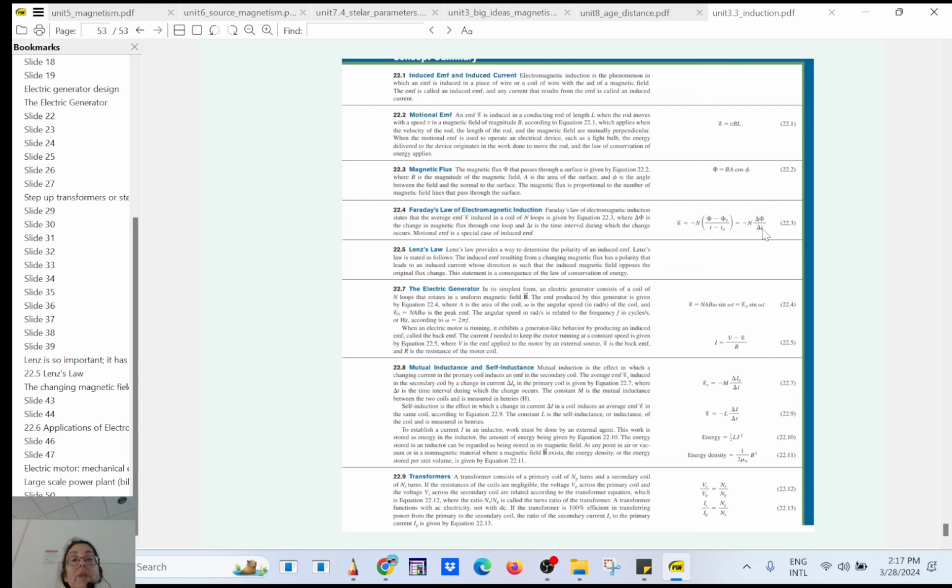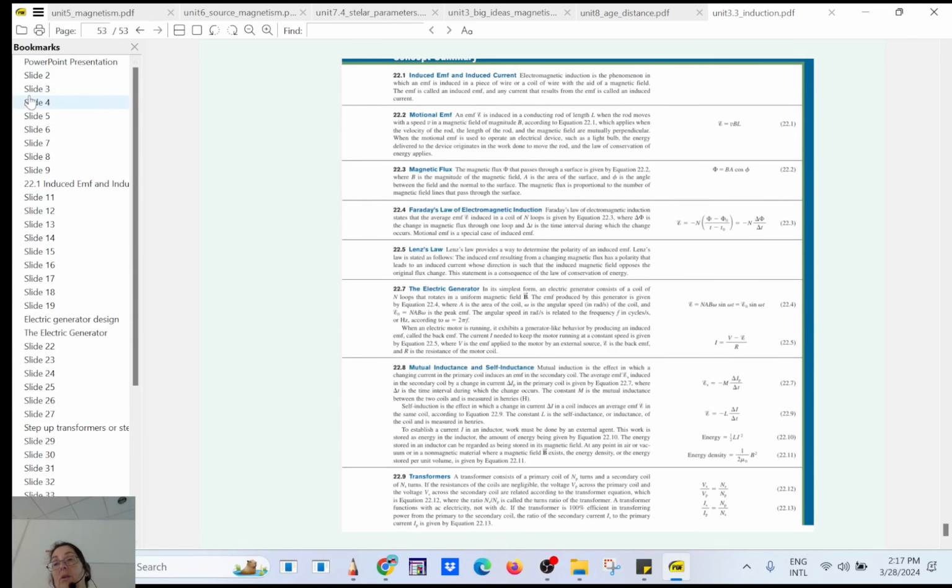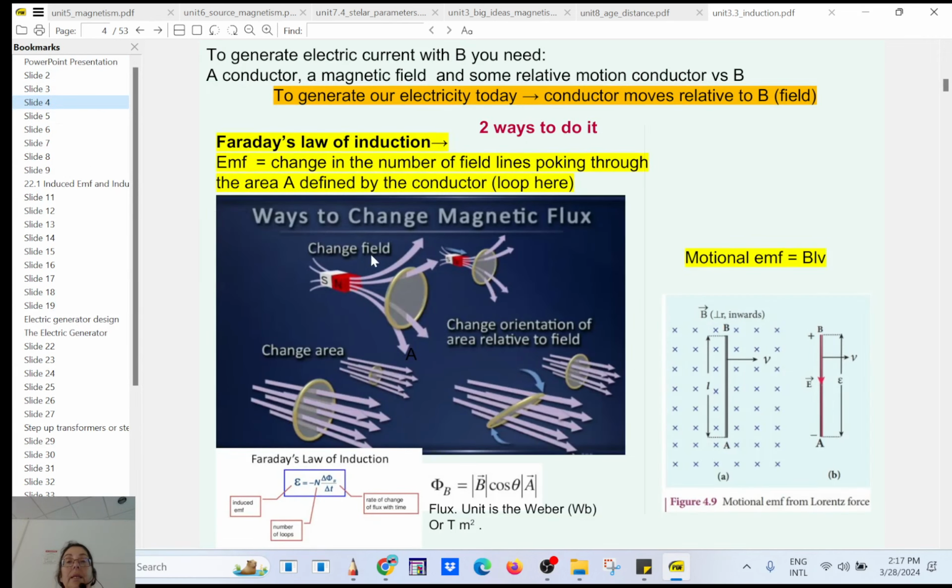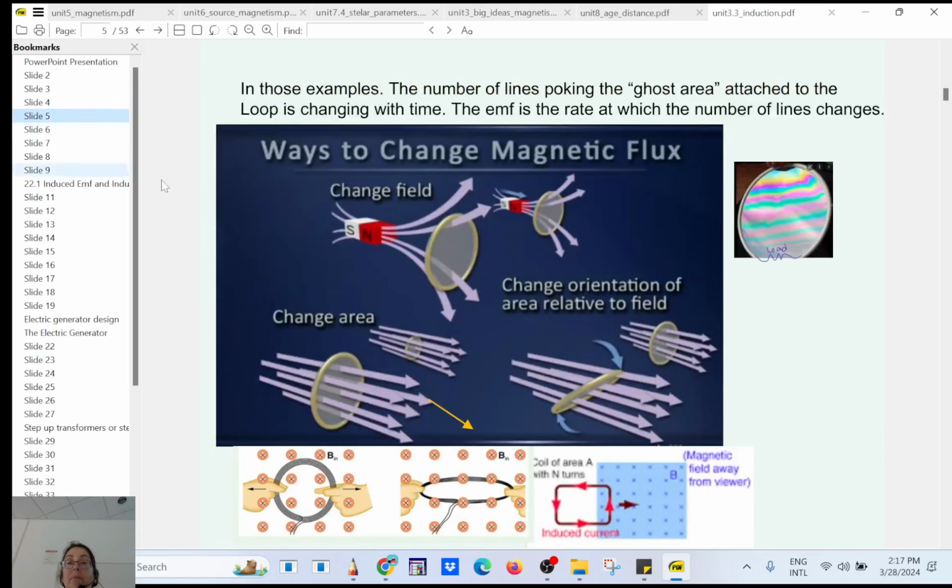And that will be the definition for the EMF, the number of loops times the rate of change of the flux. So the number of lines poking through the area has to change. So that's Faraday's law of induction. Are you with me?